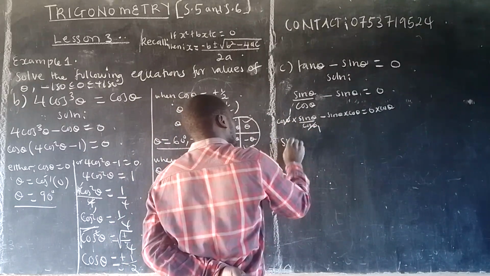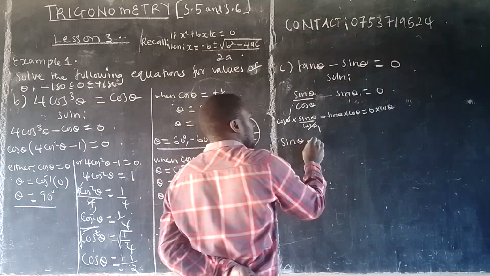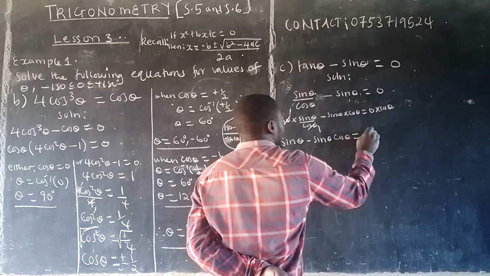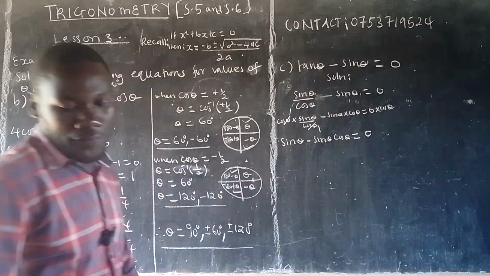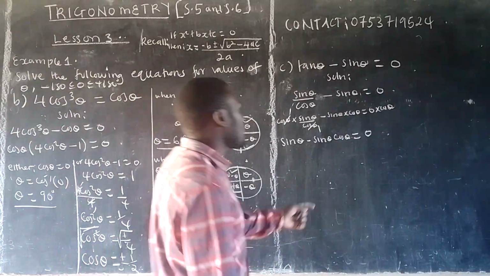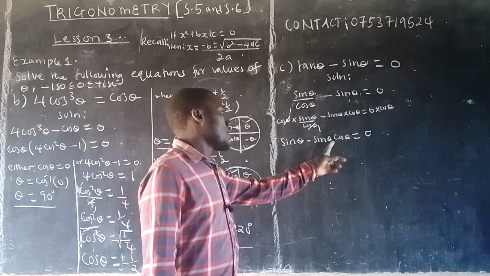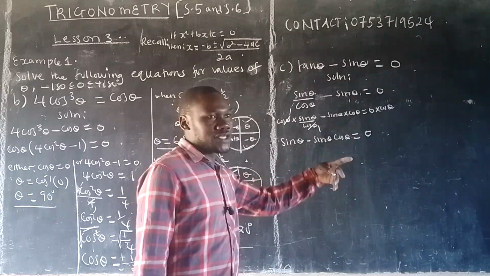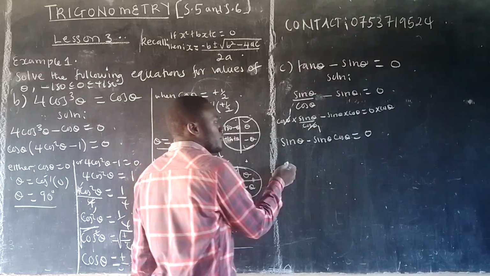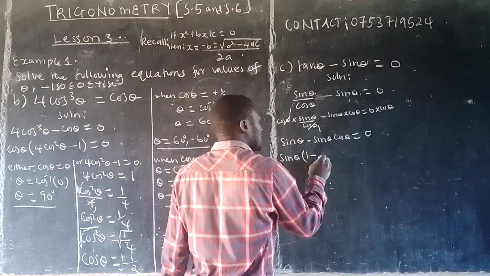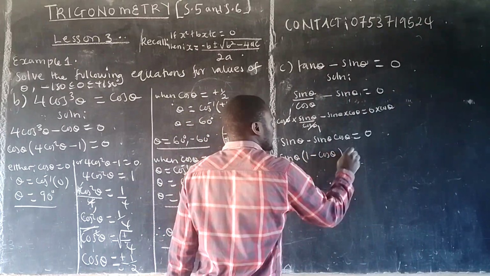So finally we shall have sine of theta minus sine theta cos theta, and this must all give us a 0. Now, having reached here, still trig function and a 0, factorize. So this will be sine of theta, brackets, 1 minus cos theta. This must give you a 0.